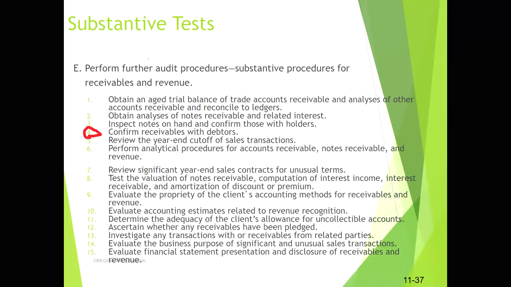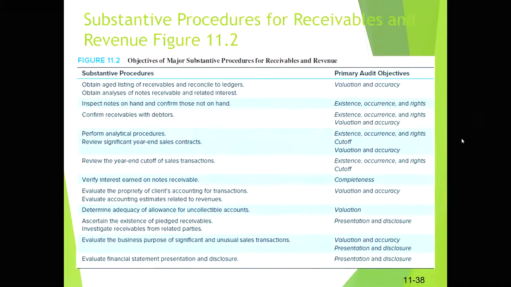Okay, and actually if we look at the next page, we can see these mixed in with the assertions, and I think that might be a helpful way to go. So we have here confirmation being a big one. And again, what does that help us with as far as audit objectives related to accounts receivable?